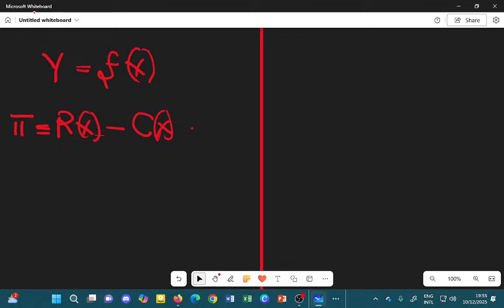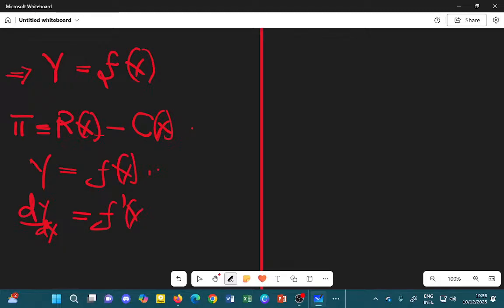So the next thing I want to show is that, referring to this function here, y is equal to f of x, which is a function that would be defined, if we went ahead to get dy/dx, that will give me f prime of x.